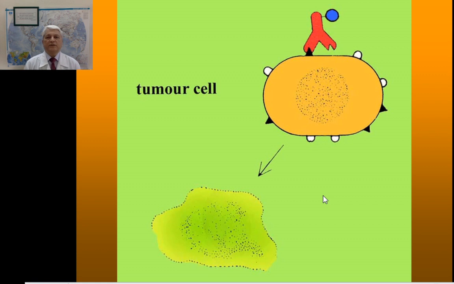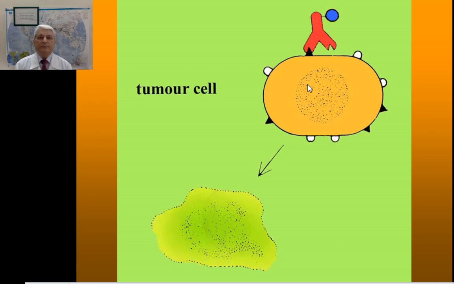I want to say that now we have many different drugs on the base of monoclonal antibodies, which are very effective against different types of tumors. Sometimes we don't even need to combine monoclonal antibody with the poison, because after interaction of the tumor cell with antibody, the complement system will kill this tumor cell.